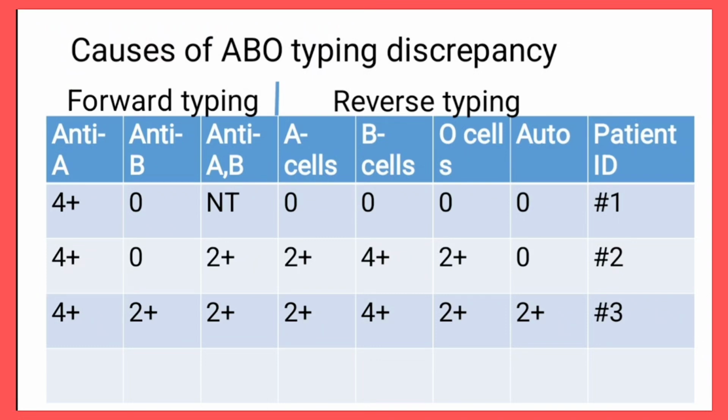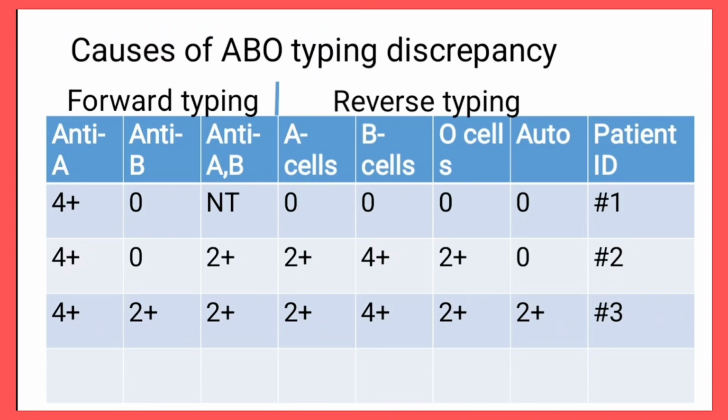When you look at the forward group, it is using commercially prepared antibody to test what is on the patient's red cells, which is the antigen the patient has got, whether antigen A, antigen B, or no antigen at all.